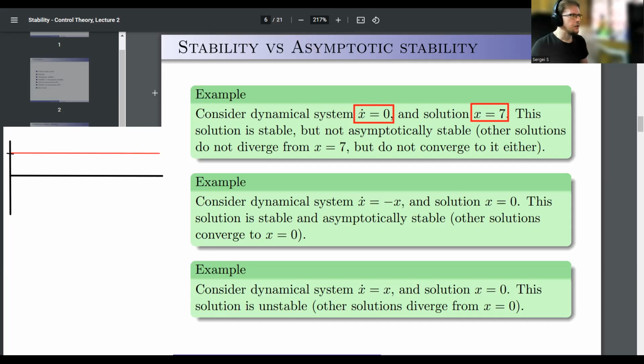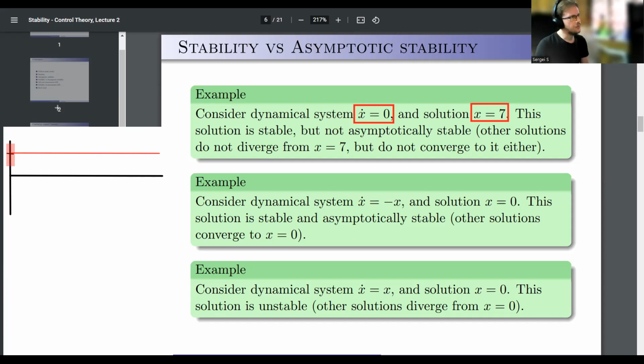Now, how do we determine if the solution is stable or unstable? Well, let's say we take some delta region, right? I remember how we did it before. Some region delta, let's say this region. We want to make sure that solutions that start in this region do not diverge somewhere.